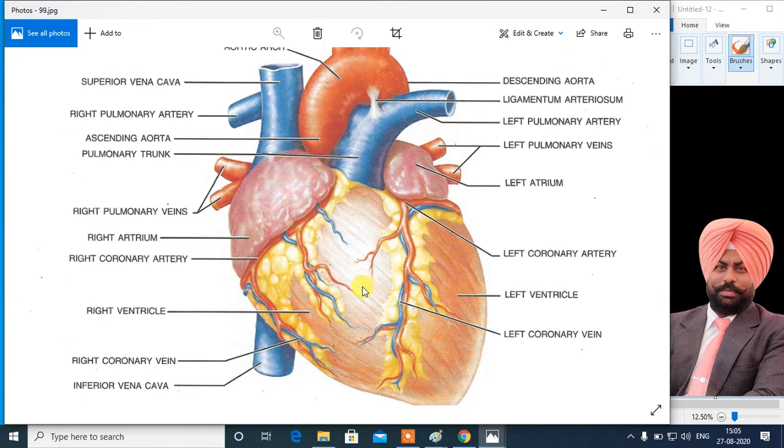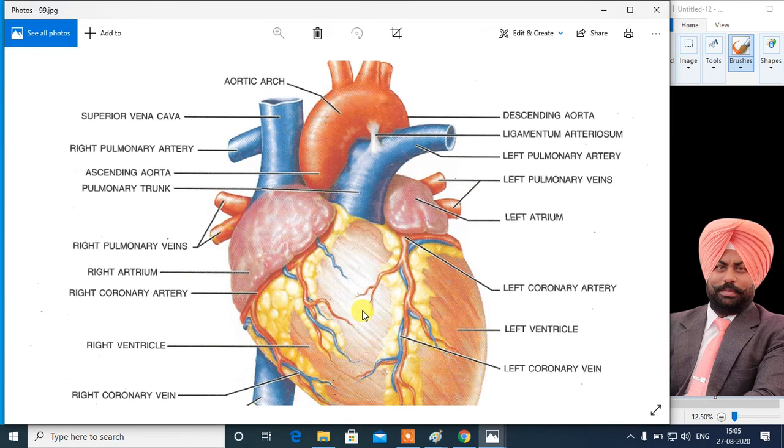Here you can see the red colored aorta. This is the blood vessel which is emerging out from the left ventricle.